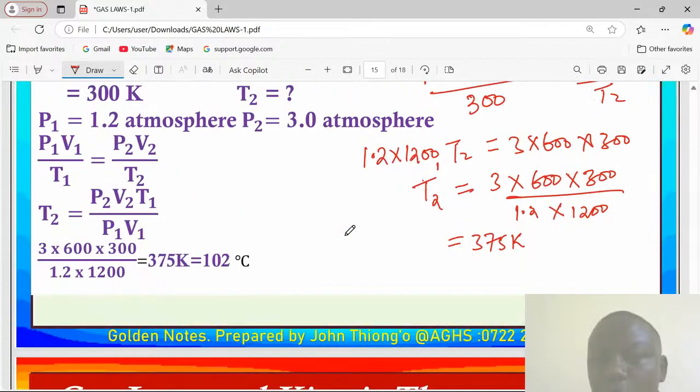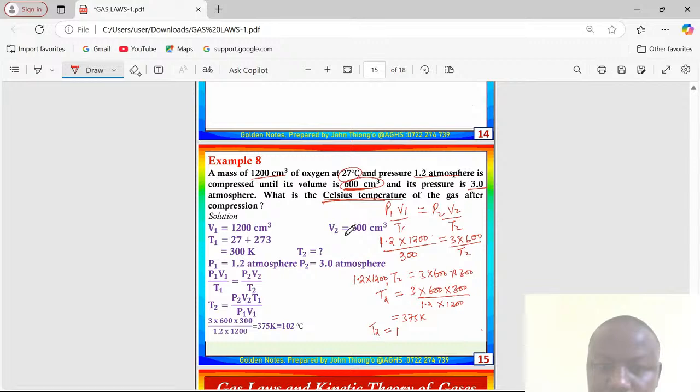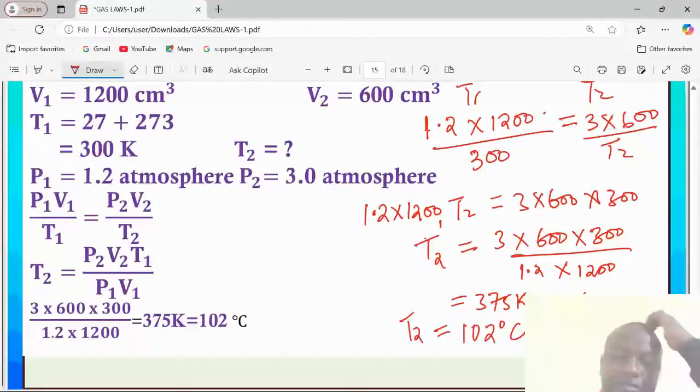So now we have to compute temperature 2 back into degrees Celsius by taking 375 minus 273, and that will be 102 degrees Celsius. So that is the new temperature.